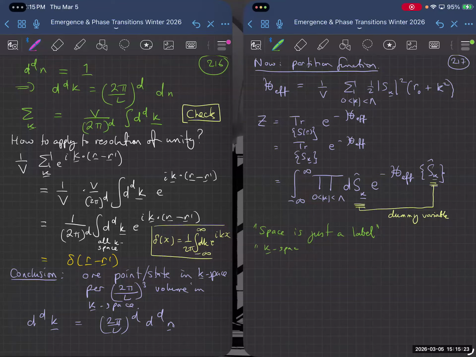So that we get our effective coarse-grained Hamiltonian that looks like the original one, as much like the original one as possible.